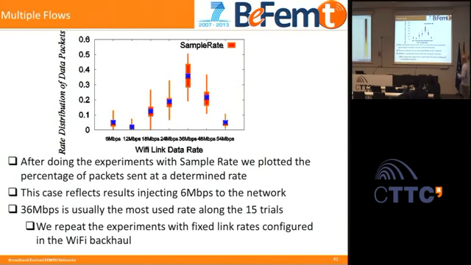And we can see how it seems that 36 megabits was the most used choice by the sample rate algorithm, and this is one of the choices that we take afterwards in order to evaluate the routing algorithm using fixed Wi-Fi link rate configuration. We choose this, and we choose also this, in order to have an idea if this algorithm was able to get an appropriate estimation of which was the appropriate link rate configuration.